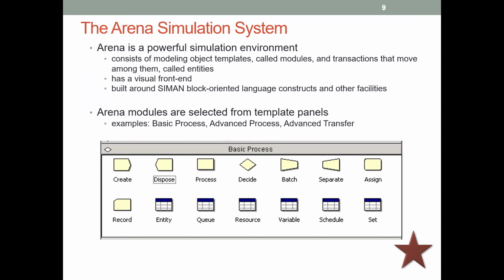You have the create, the dispose, the process, which is going to be representing your resources, decide, which is substituting the branch block, and then you're batching your entities, you're separating them. The assign block is doing the same thing as the assign block, and then the record block is doing tallies, counters, and so on.